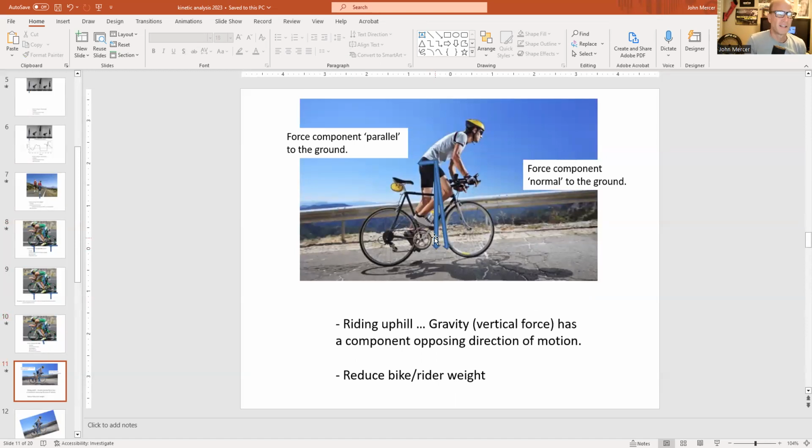Also realize, as I said, ground reaction force is three dimensional, and sometimes we're interested in a component of a force. So riding uphill, and I'll have additional videos on this, we have to take that ground reaction force and decompose it into a force that's parallel to the surface and one that's perpendicular to the surface.